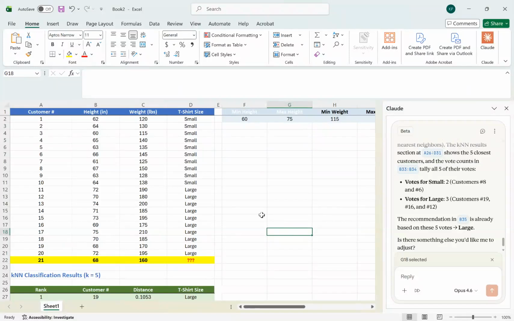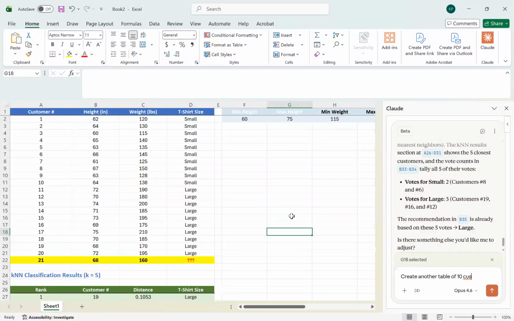And one last thing I want to show is maybe we'll ask Claude to come up with some known numbers for, let's say, 10 customers whose heights and weights are known. And then we'll ask it to check whether k of 5 is a good number in kNN classification. So I'll say generate or create another table of, let's say, 10.